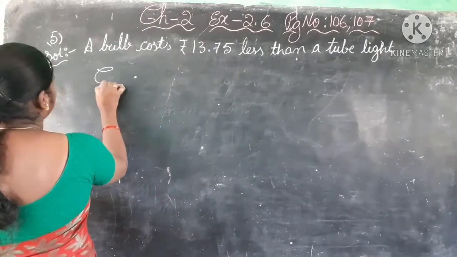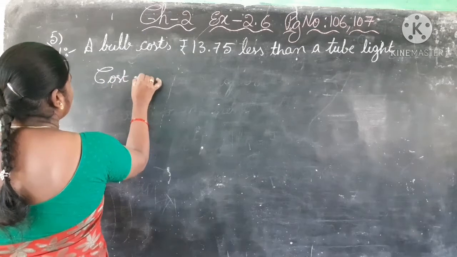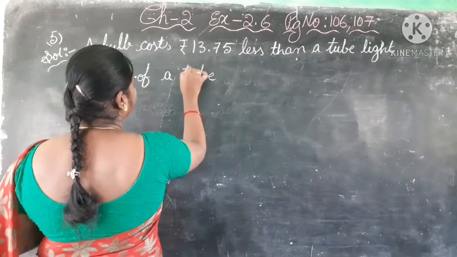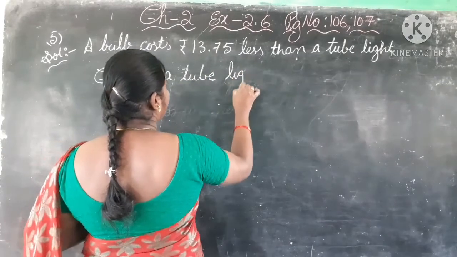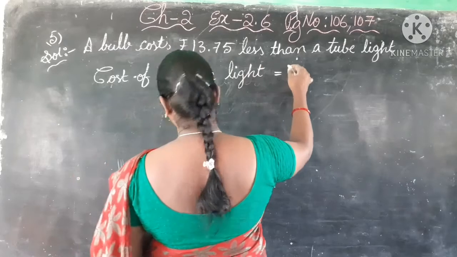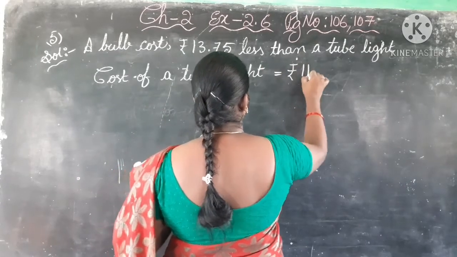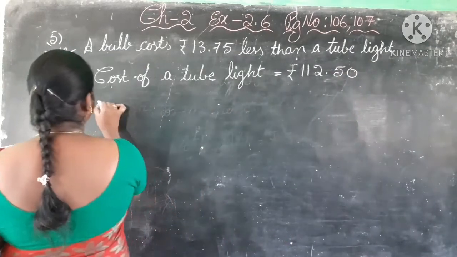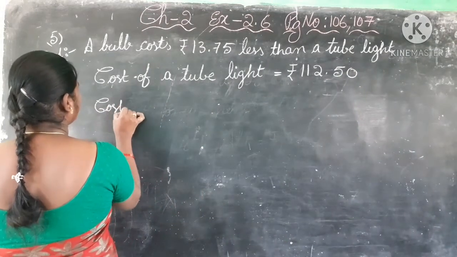So cost of a tube light is equal to rupees 112.50. Next we have to find the cost of a bulb.